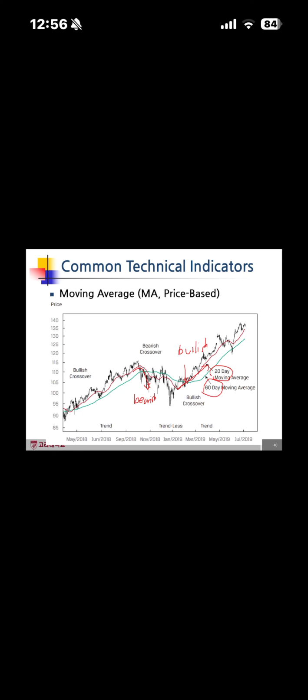However, it is important to remember that these signals are not always perfectly accurate. This is the limitation of technical analysis. Sometimes crossovers occur during sideways markets.